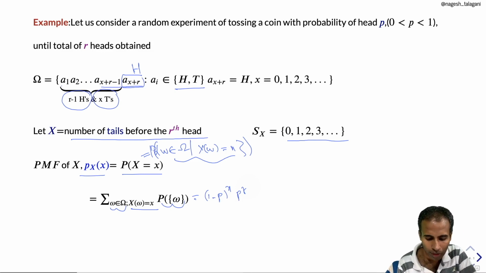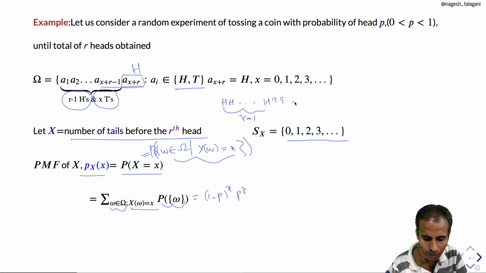Here is one outcome: head, head, and so on, head. These are r minus 1. Then tail, tail, and so on, tail. These are x, ending with a head. This is one typical outcome. There are x tails and r heads.